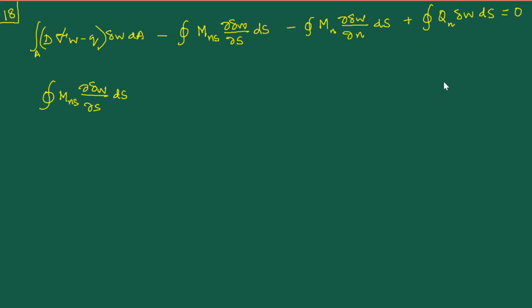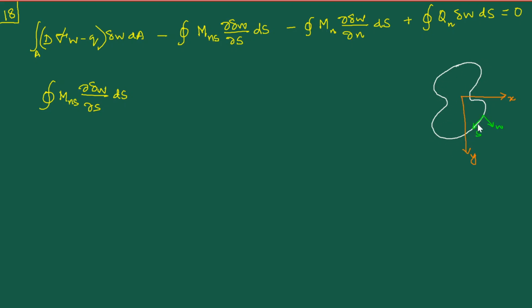So if you are considering a contour in this fashion, you may remember that we had considered our coordinate axis in this fashion. This was our x and this was our y, and our s and n were directed in this fashion, s, n. So we were basically traversing this contour, tracking it like this.